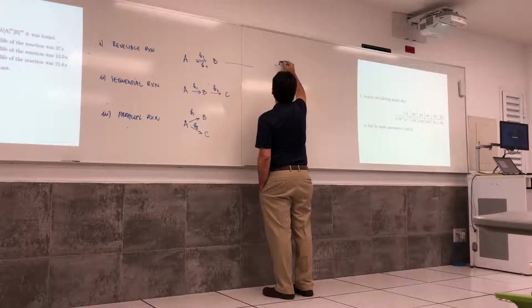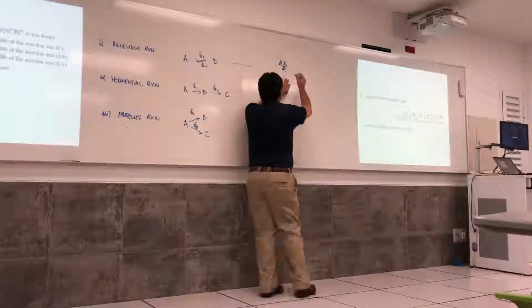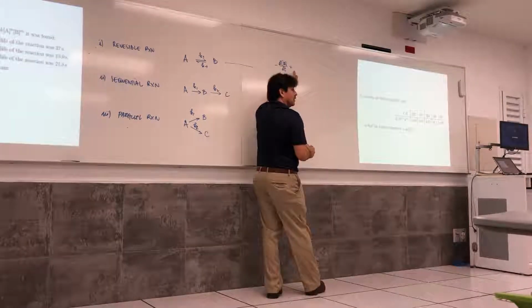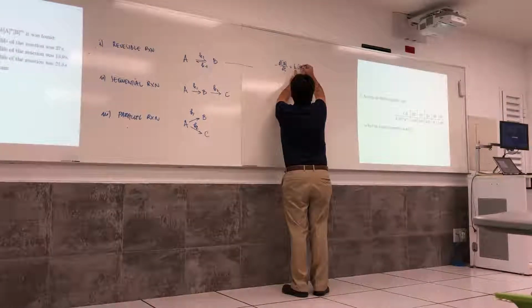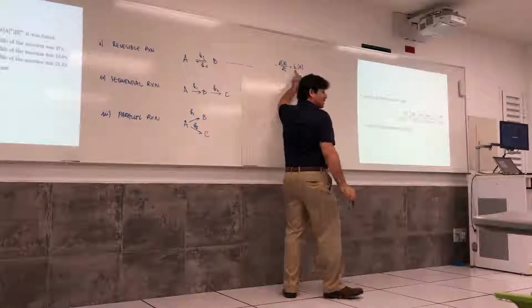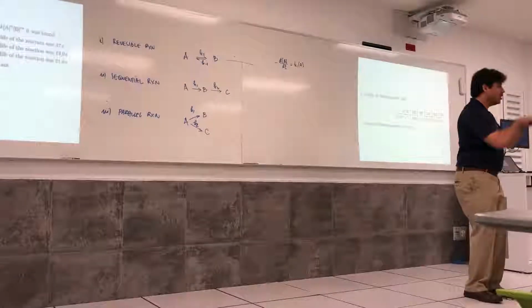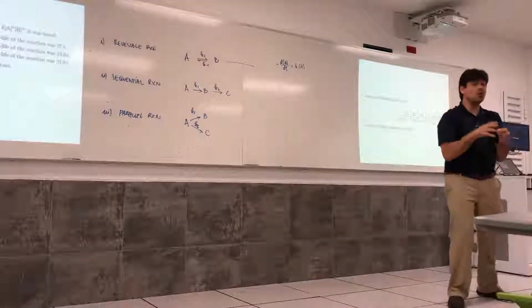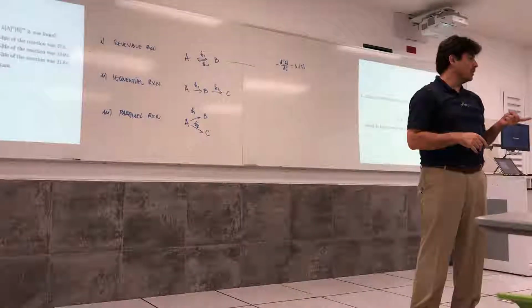A goes to B. So the concentration of A with respect to time diminishes accordingly to the increasing concentration of B. K1 times A. So that is how A is going down. It's being consumed. It depends on how much concentration of A I have and what is the value of K1.